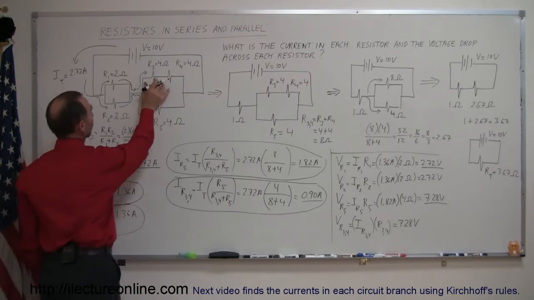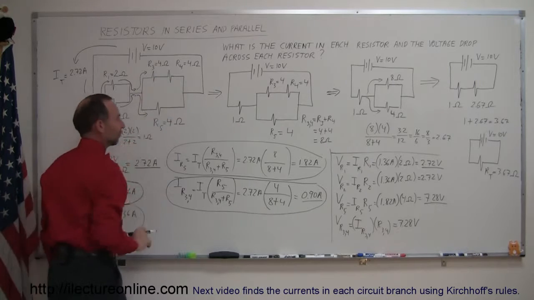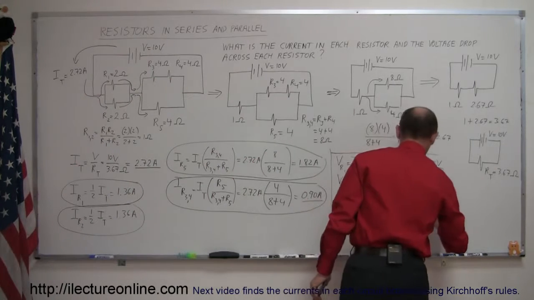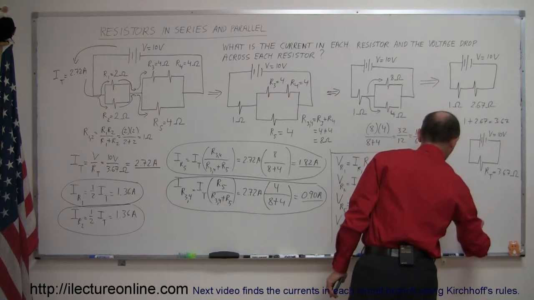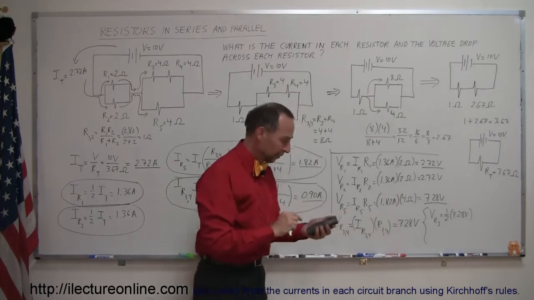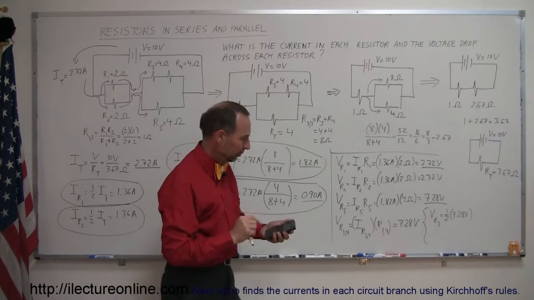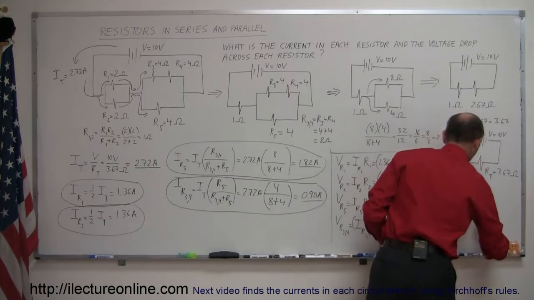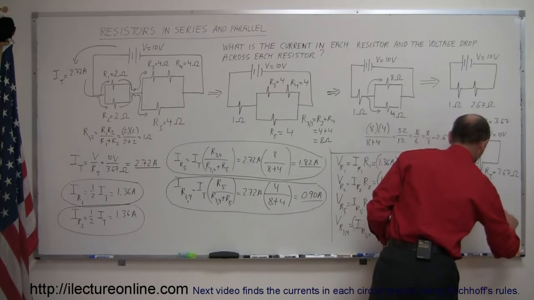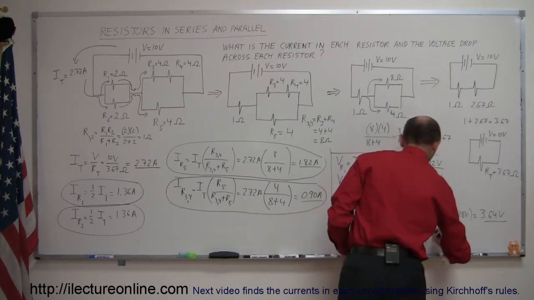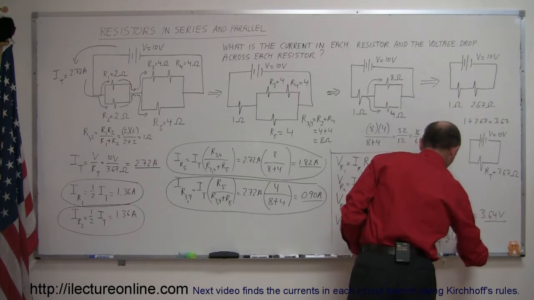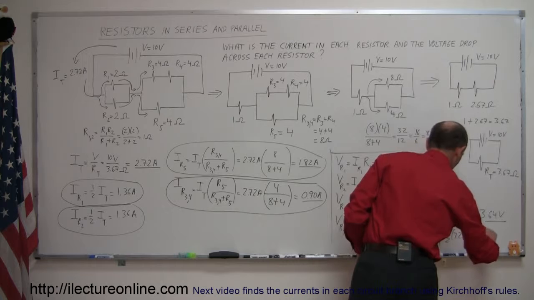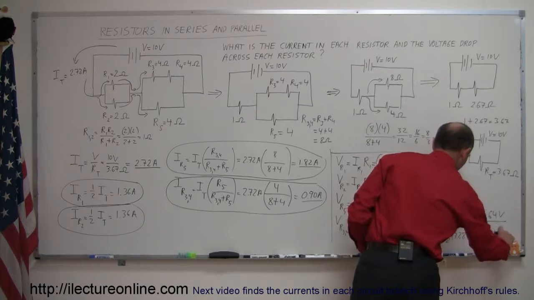That means half the voltage will be dropped across this one and half across this one. So the voltage across R3 is half of 7.28 volts, which is 3.64 volts. And the voltage across R4 is also half of 7.28 volts, which is 3.64 volts.